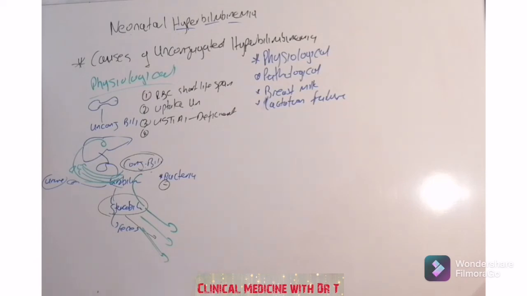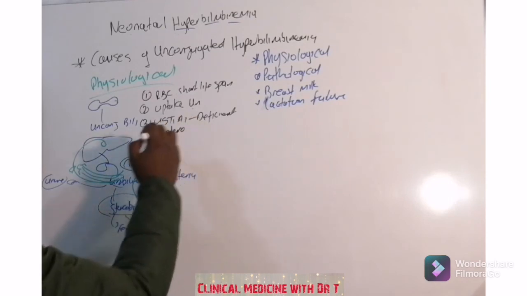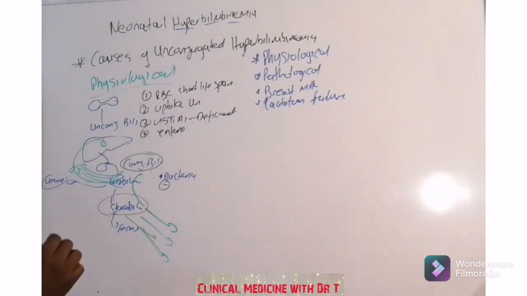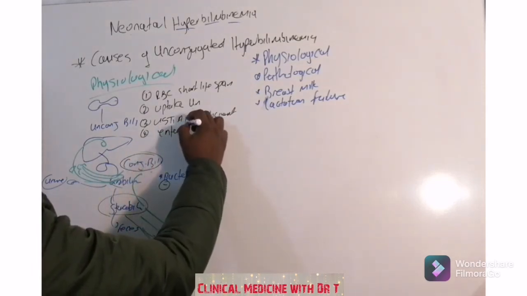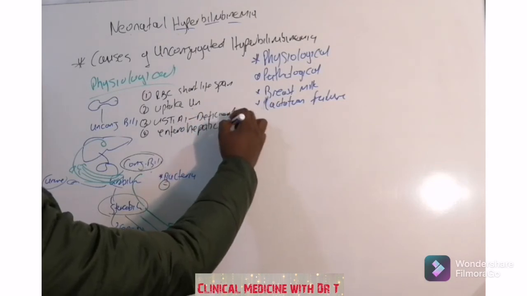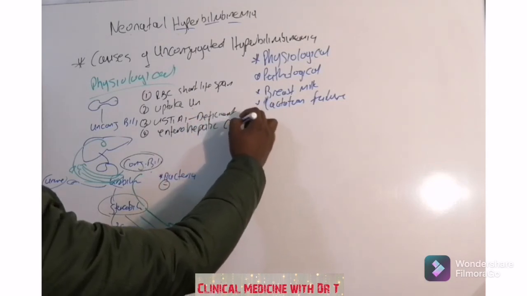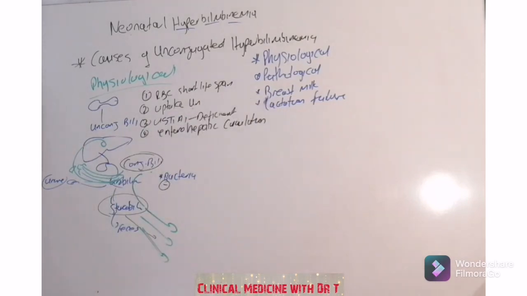So in neonates, the enterohepatic circulation is the number one cause of hyperbilirubinemia. It's a very big thing.